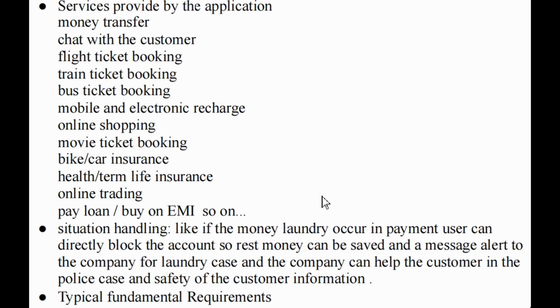Situation handling: if money laundering occurs in a payment, the user can directly block the account so the rest of the money can be saved, and a message alert goes to the company for the laundering case, and the company can help the customer in various ways.